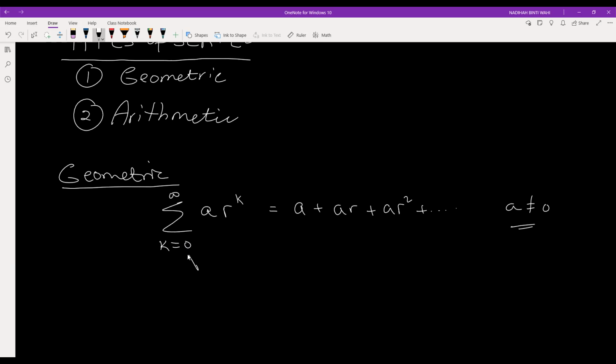This can also start from 1. But in general, in most cases, we start at 0. Why? Because you have 0 power, it gives you a constant value of 1.